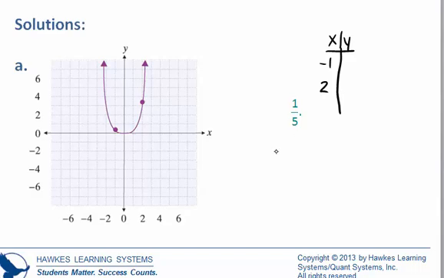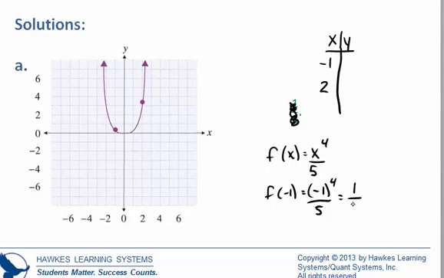We're going to go back to our function, which was f of x is equal to x to the 4th over 5. We're going to first plug in the -1, so we would have -1 to the 4th over 5. -1 to the 4th is 1, and so our answer would be 1/5 there.